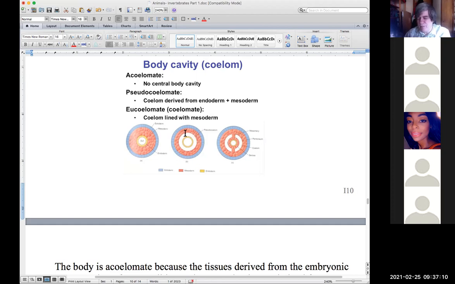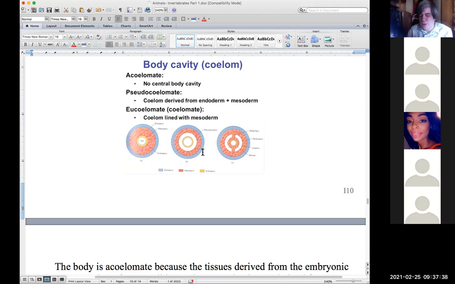Some organisms have a body cavity called a coelom. So if we look at the middle diagram, here's our yellow endoderm. Inside here, this is the gut cavity. This is where the food would pass as it's eating. Notice there's another cavity out around the endoderm. And this area is between the endoderm and the mesoderm. Now, there are a couple of advantages to having a coelom.